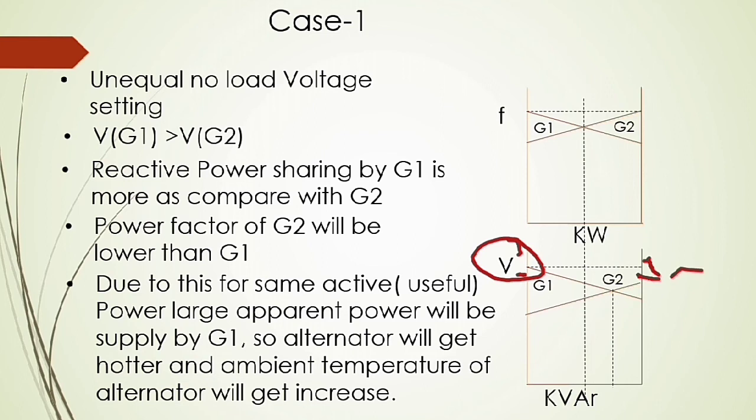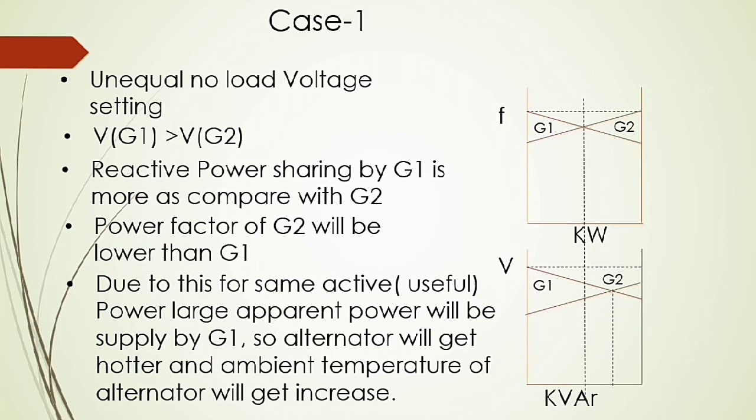When an alternator with a large terminal voltage and a second alternator with a small terminal voltage are connected in this type of system, the reactive power sharing by G1 is more as compared to G2.